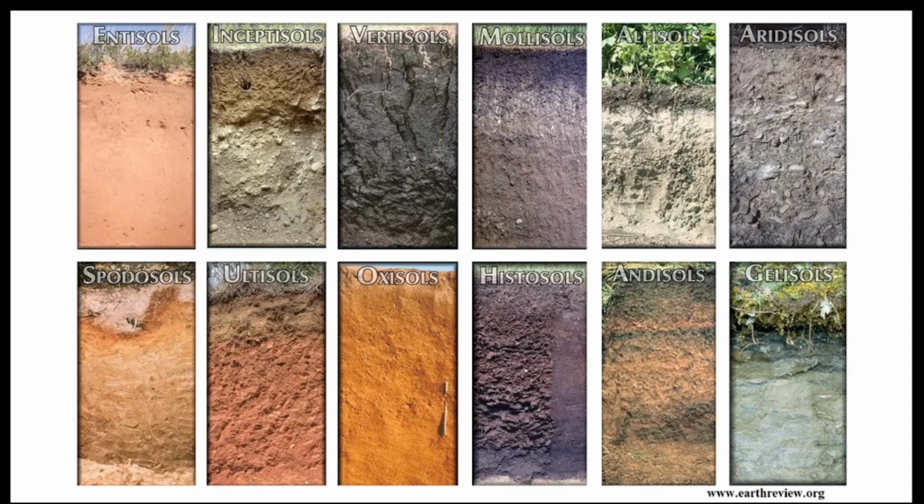We have the basic total of 12 kinds of soil: 1, 2, 3, 4, 5, 6, 7, 8, 9, 10, 11, 12. Yeah, 12 kinds of soil, and to discuss each of these I have grouped these 12 into 4 groups of 3.